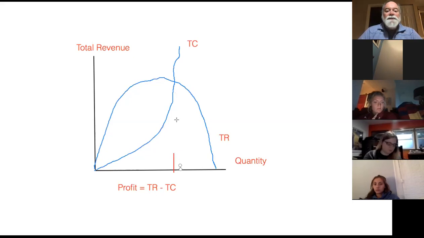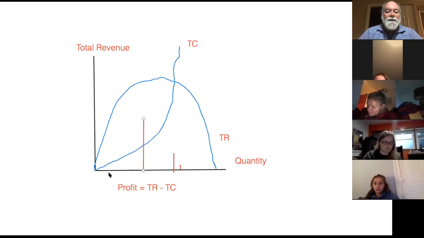What we want to do is find the level of output where the total revenue curve is furthest above total cost, because that's where profit is going to be a maximum. It looks to me like about here. And the difference between total revenue and total cost is about that much. Down here it's 0 again. So if we were to draw the profit graph, let me see if I can do it in green.